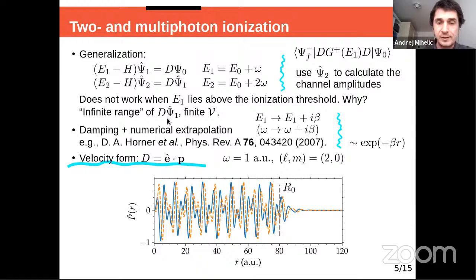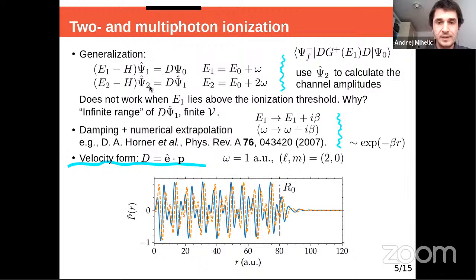So we cannot actually enclose the driving term in a finite volume, which breaks one of our assumptions. Now, this problem has been addressed by using a complex photon energy, and then extrapolating the results to zero value of this imaginary constant, which makes the driving term exponentially damped, and the second order solution well behaved.